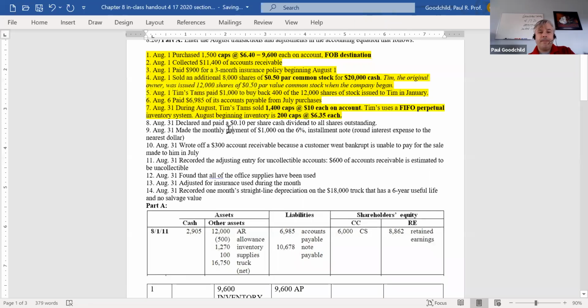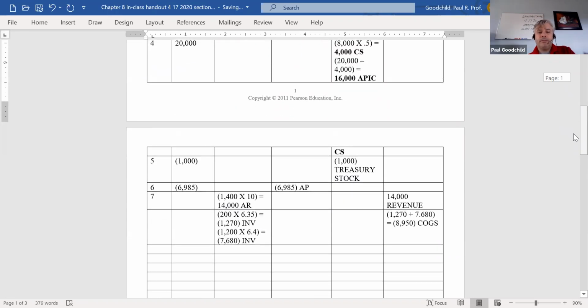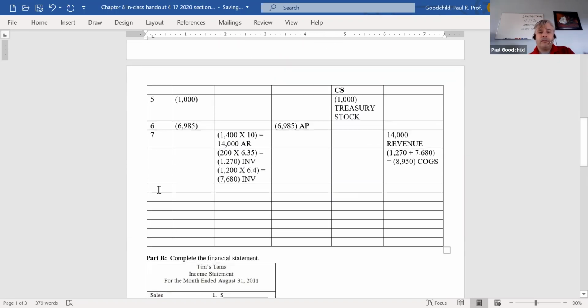Declared and paid a 10 cents per share cash dividend to all shares outstanding. So for shares outstanding, we started out with 1,200 shares.